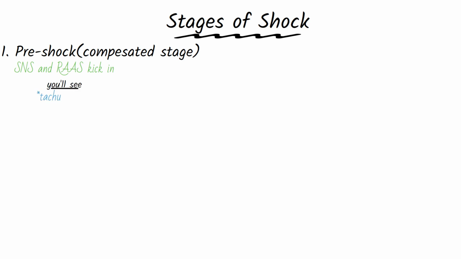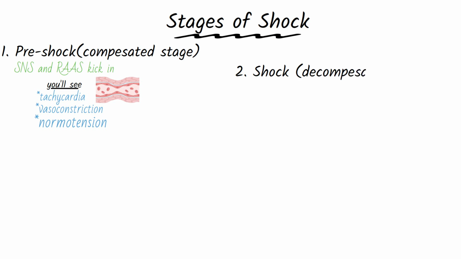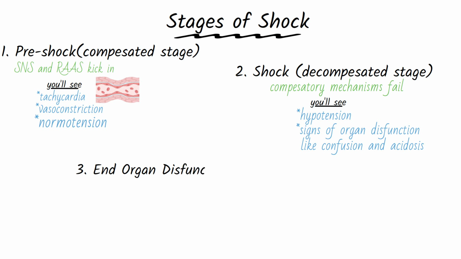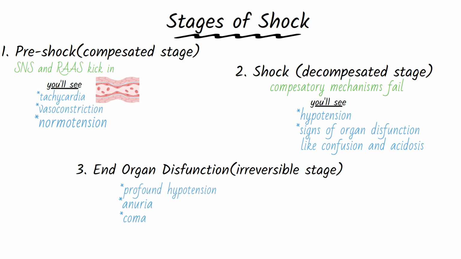You will see tachycardia and peripheral vasoconstriction, but the blood pressure may still be normal. In shock, the compensatory mechanisms fail. Hypotension becomes a key feature, along with signs of organ dysfunction like confusion and metabolic acidosis. And in end organ dysfunction, the damage is so severe that it cannot be reversed. This is characterized by profound hypotension, anuria, and coma leading to death.